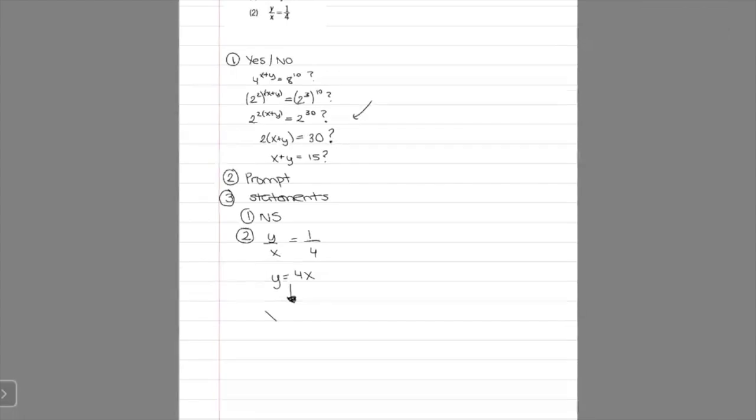So instead of saying x plus y equal to 15, now we're trying to figure out is x plus 4x equal to 15. So it's 5x equal to 15, which means x equal to 3. But it doesn't change the fact that we just don't know anything about the x and the y.